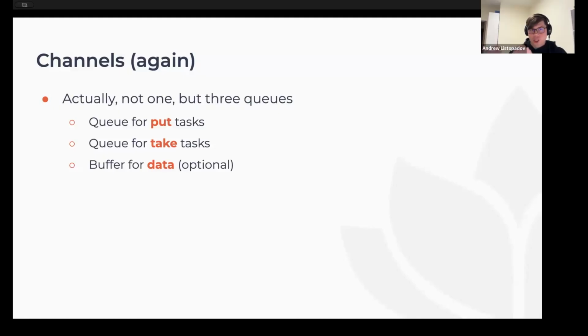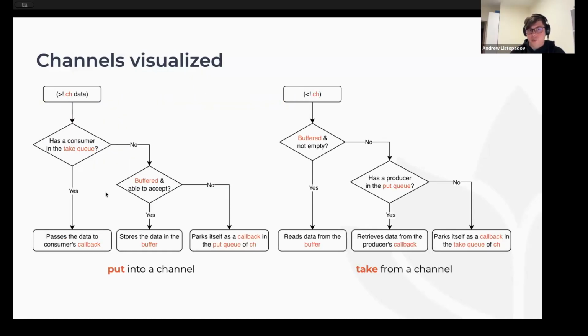Yeah. So a channel can be buffered, it can be unbuffered. If it's buffered, it means that it has a third queue for data, which is this buffer. And in these diagrams, it's what we check in case we are putting into a channel: we check if it has a consumer. And if not, we check if it has a buffer. And when we are taking, we first check if it has a buffer. And if not, we check if it has a producer.